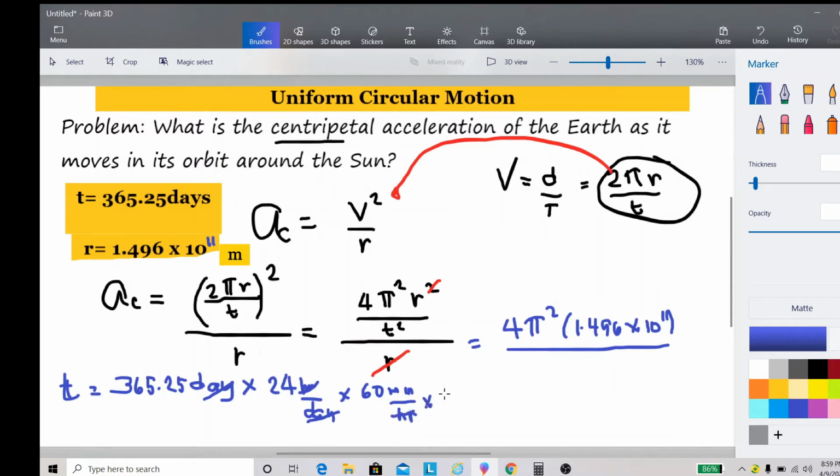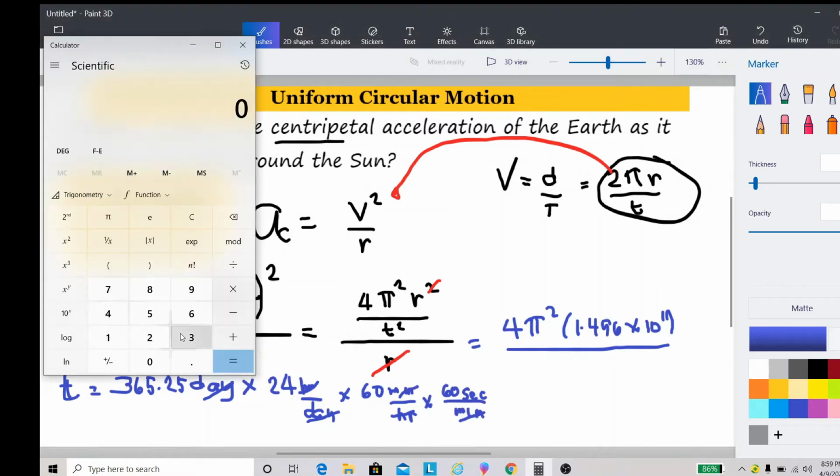Finally, we multiply that again by 60 seconds per minute. So we have 365.25 multiplied by 24 hours, then multiplied by 60, then by another 60 seconds.